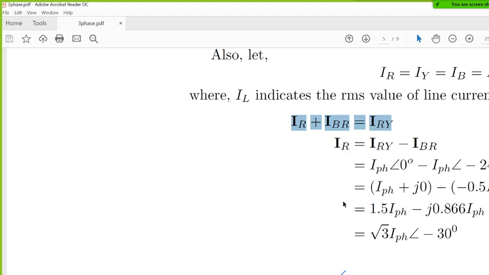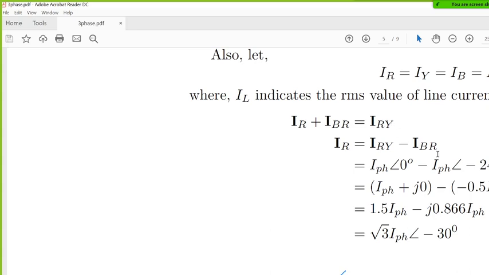So if this is true, then IR is equal to this. Correct? And we had already seen that the phase currents are equal in magnitude, but they vary by 120 degrees.